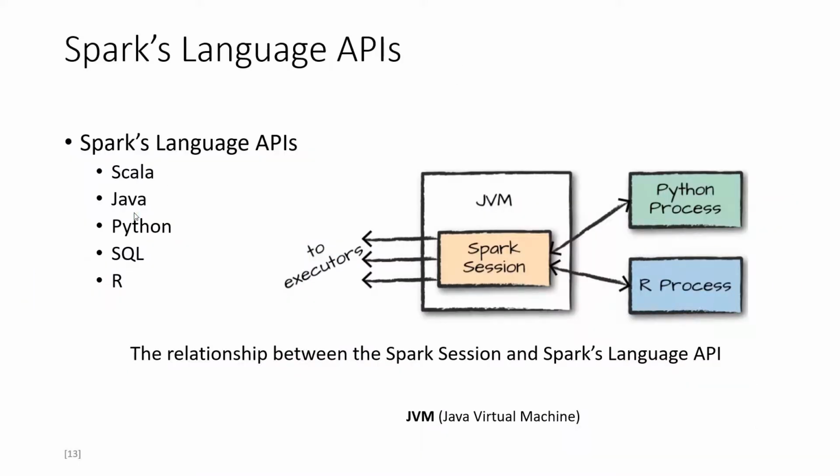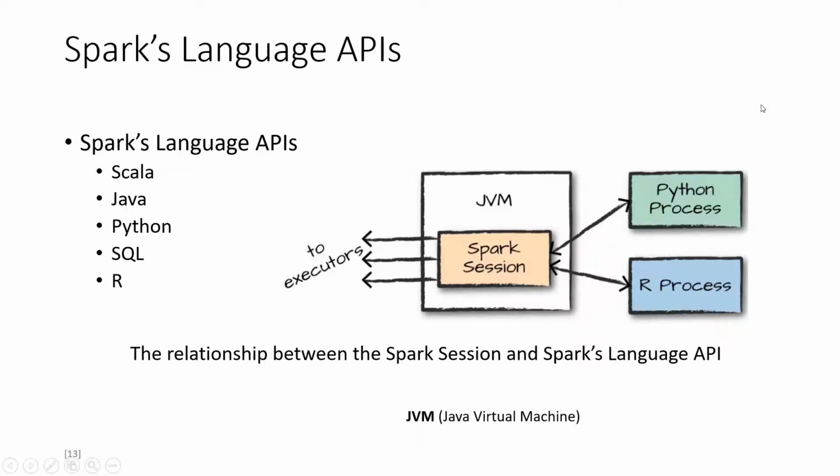The Spark middleware is written in the Scala language and can be executed on a Java virtual machine. However, to simplify the programming for different types of users, Spark provides a set of language APIs, client libraries for Scala, Java, Python, R, and so on. We will use the Python one, which is called PySpark.